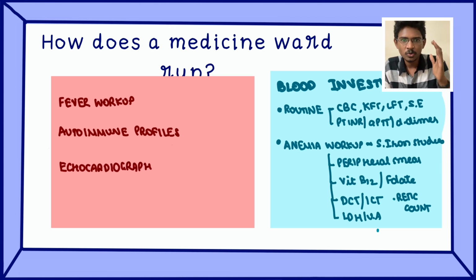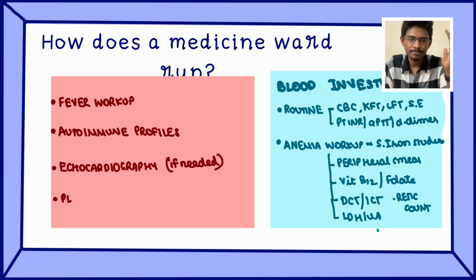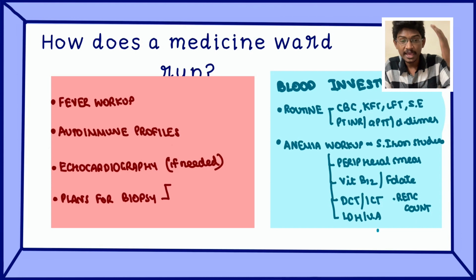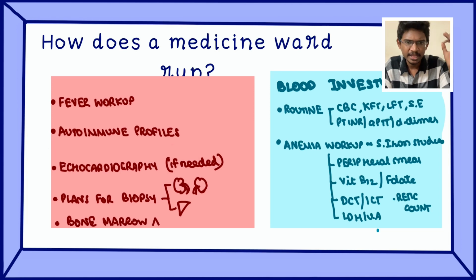Okay, so the ward segment will be an interesting part where the patients will be extensively worked up, starting from anemia workup. In the anemia workup we will do each investigation like peripheral smear, B12, folate, retic count, and all the anemia workups.